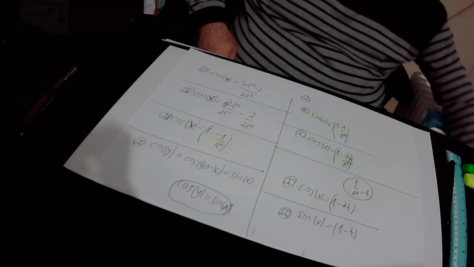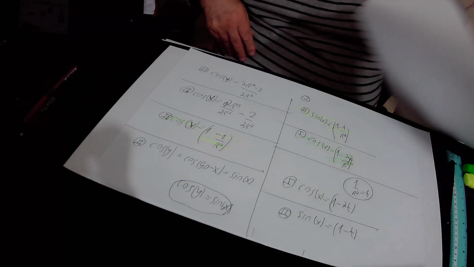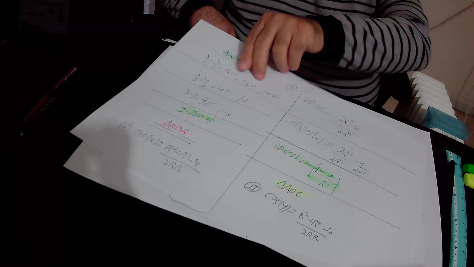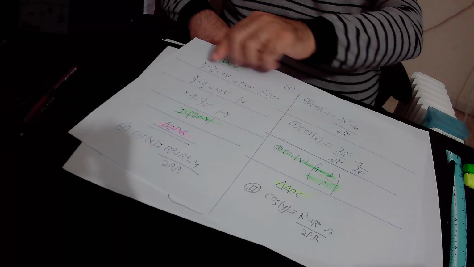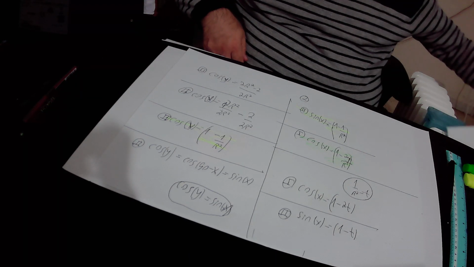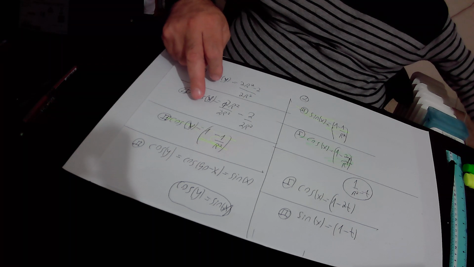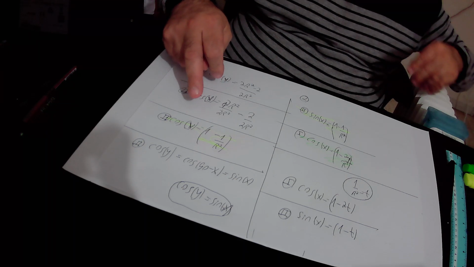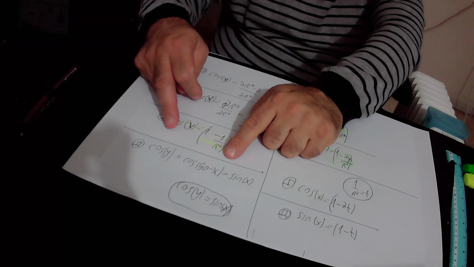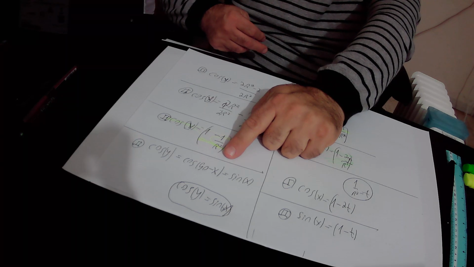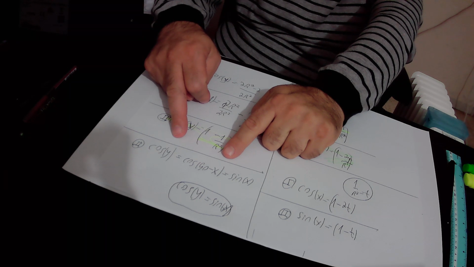We have already found out that y equals 90 degrees minus x. So we substitute y in equation number 2 by 90 degrees minus x. So cosine y is cosine of 90 degrees minus x, because y equals 90 degrees minus x.